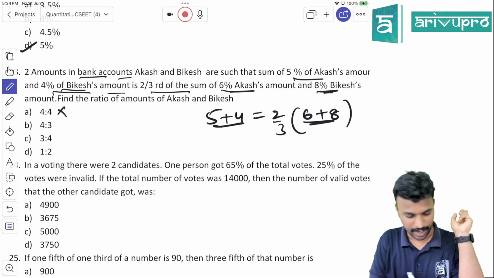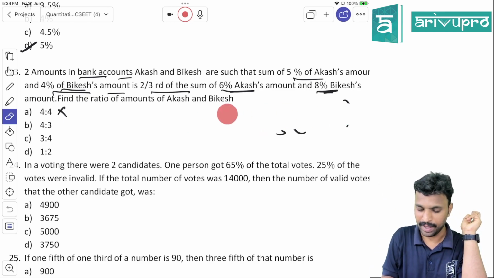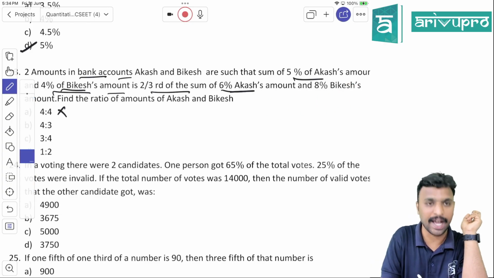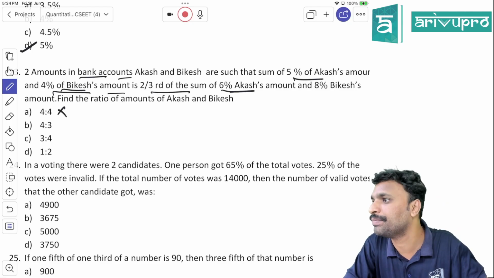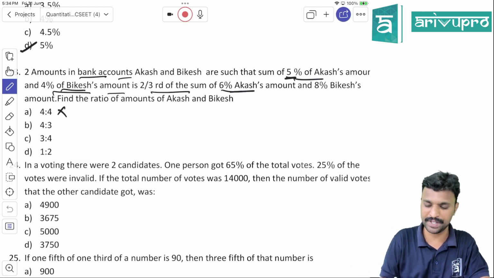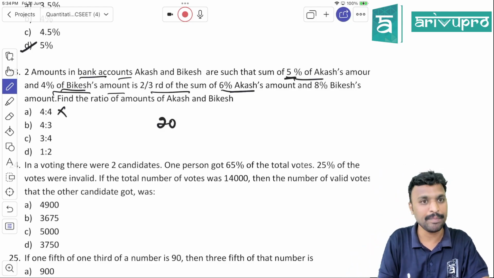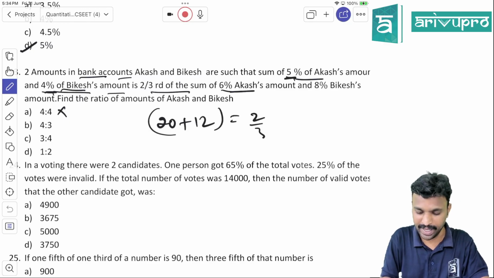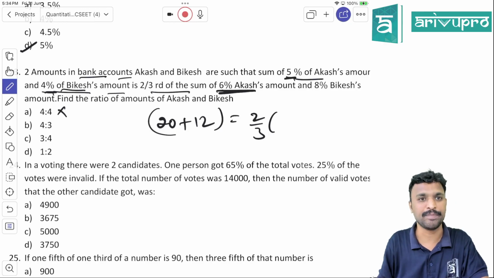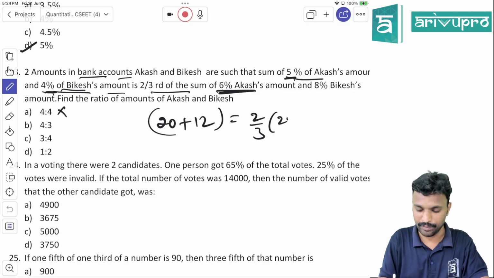Now, if I take 4:3, I have to assume 400 as Akash's amount and 300 as Bikesh's amount. If I take 400, 5% of 400 is 20 and 4% of 300 is 12. That is 32. Now you put 2 by 3: 6% of 400 is 24, 8% of 300 is 24.